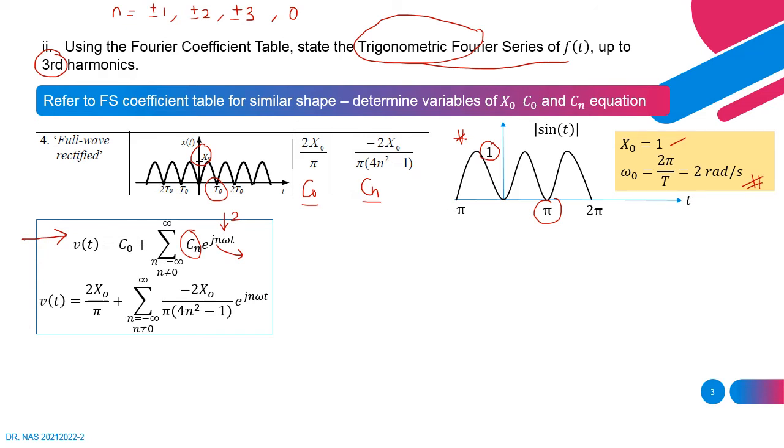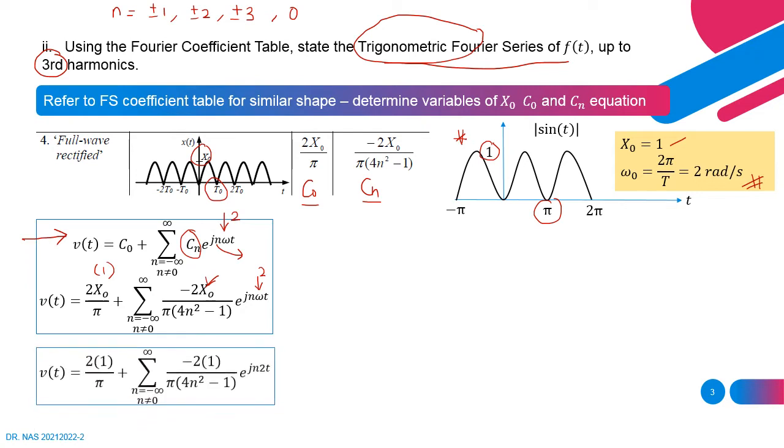C0 equal to 2x0 over pi, in which x0 equal to 1. And then replace x0 as well, divided by pi(4n squared minus 1). Replace the x0 and omega values.